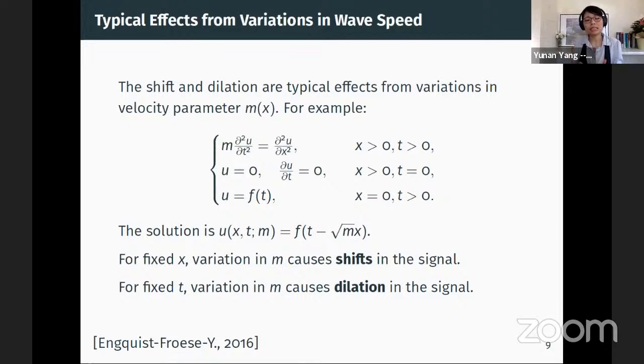But this also indicates that when I do not have the correct parameter, what I see from the data set will be translation and dilation. So if I want to use an objective function to do this data fitting, I want my objective function to capture that, since those transformations are a direct consequence of an incorrect model parameter.